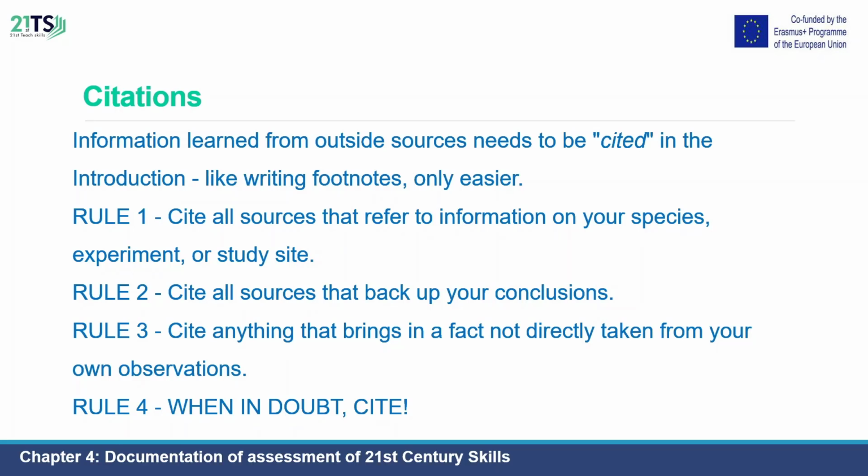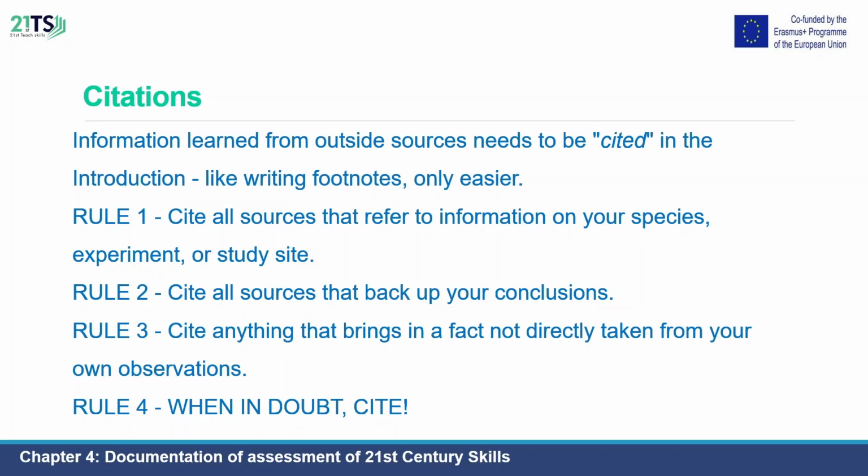Regarding citation, you have to understand the rules or principles your institution requires you to comply with. The first rule, you have to cite all sources that refer to information on your species, experiment, or study size.